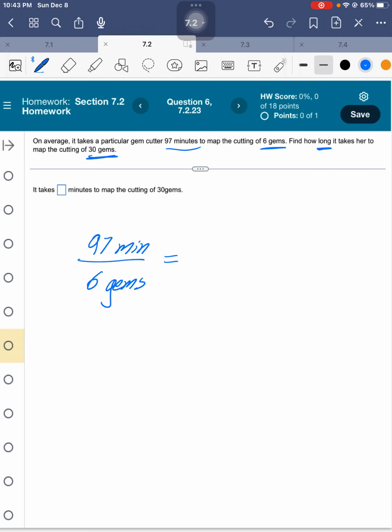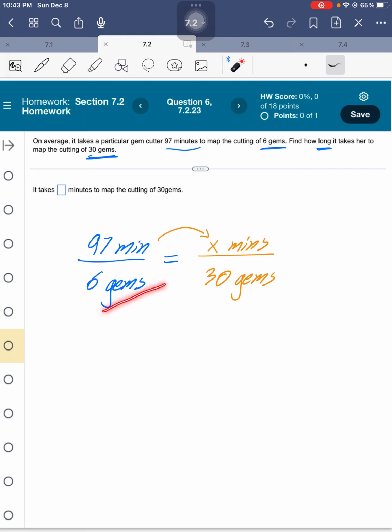So 97 minutes to x minutes. If it took 6 gems 97 minutes, how many minutes will it take 30 gems?